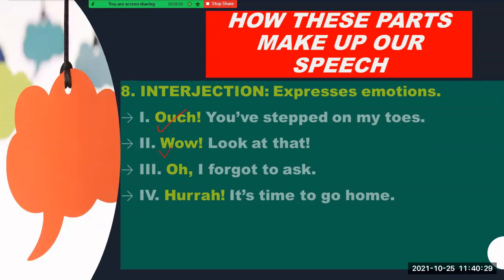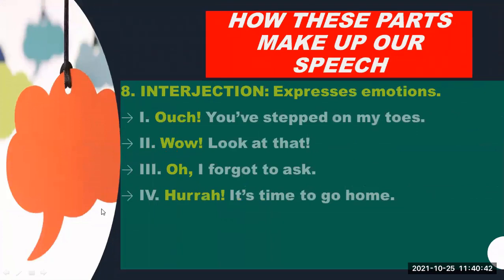Then example I, wow, look at that. Look at that. All right. Then example I is oh. I forgot to ask.